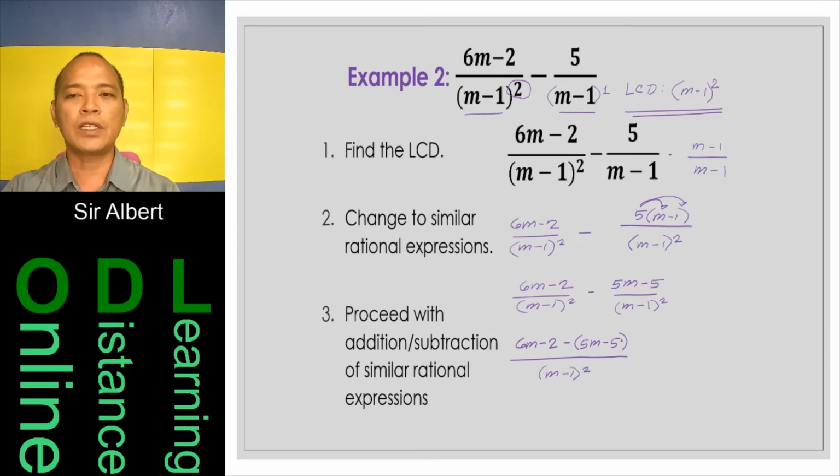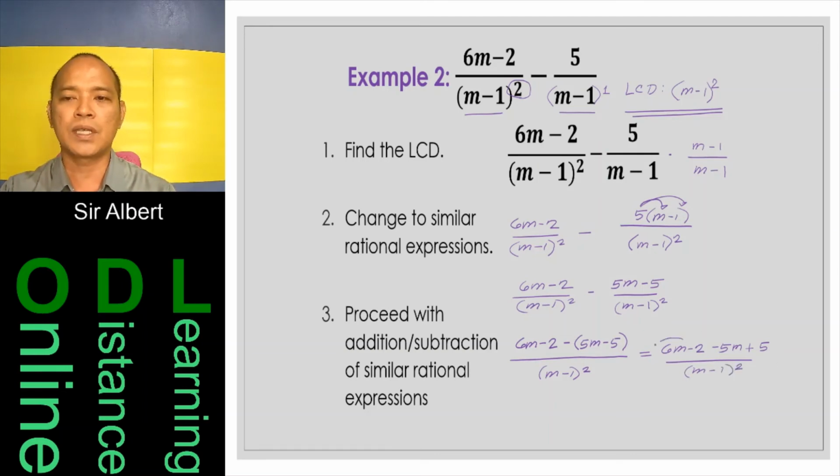It is important to note that in our numerator, we would have a parenthesis that is preceded by a minus sign. When we simplify this further, this becomes 6m - 2, and removing the parenthesis, it becomes minus 5m plus 5 all over (m - 1) squared.